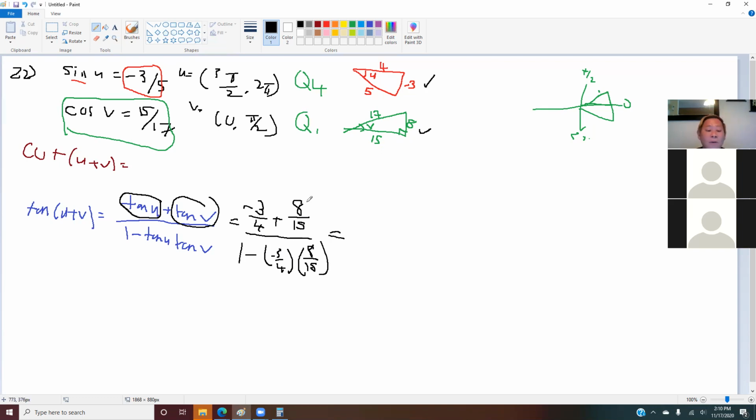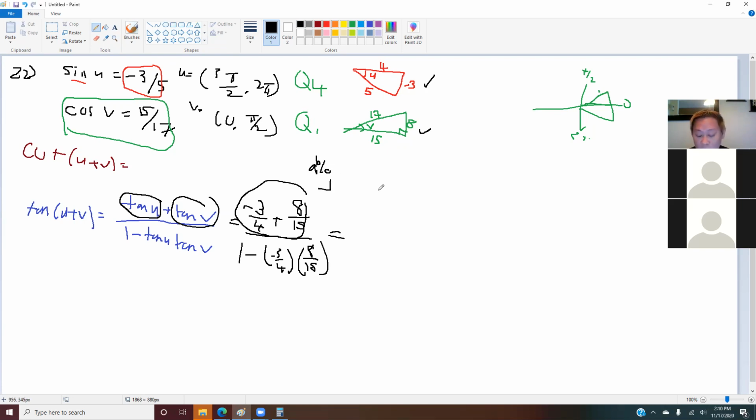And now take out your calculator and add some fractions and multiply some fractions here. So what is -3 over 4 plus 8 over 15? You got your calculator. Do you guys know how to use your calculator for fractions? You use your ABC symbol. It looks something like this when you type in there.